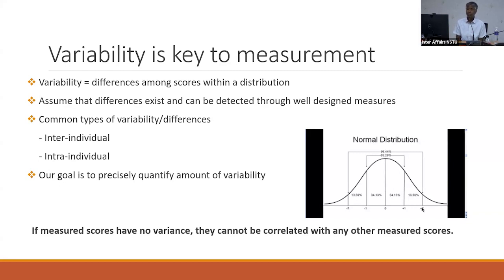So when we're developing a measurement instrument, our first assumption is that there are differences in that concept that can be measured. And those differences might be within an individual, intra-individual, or between individuals, inter-individual.